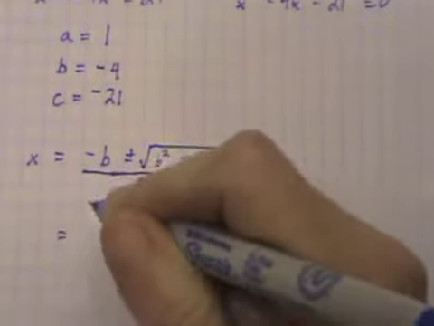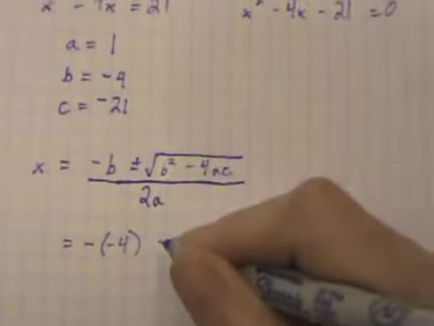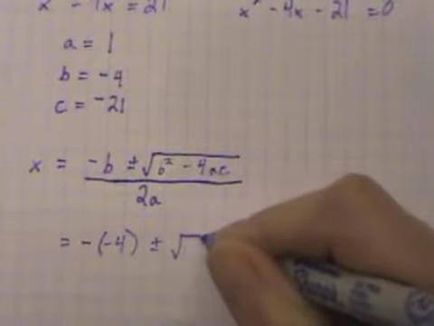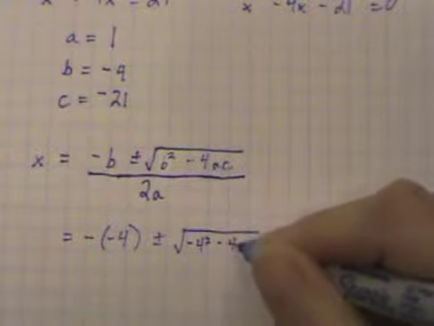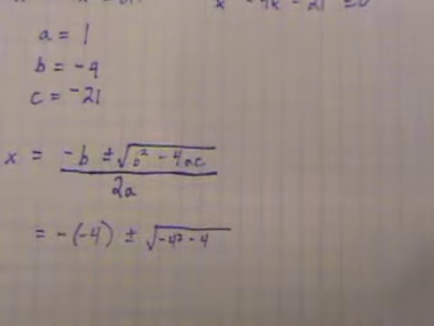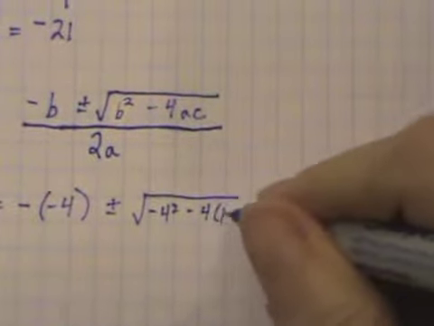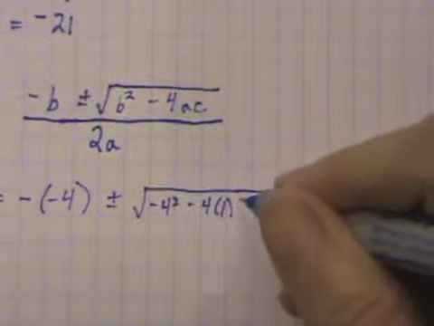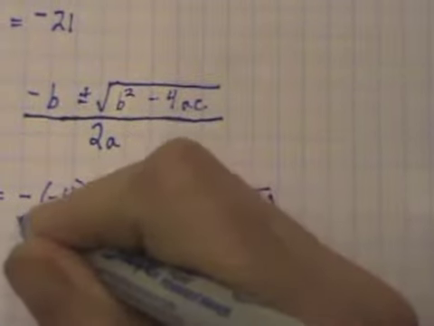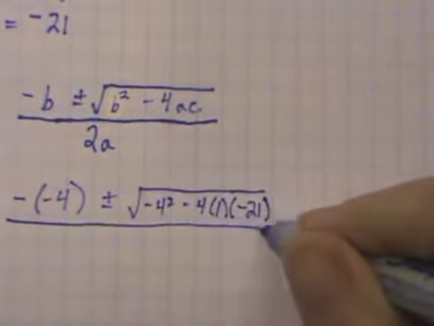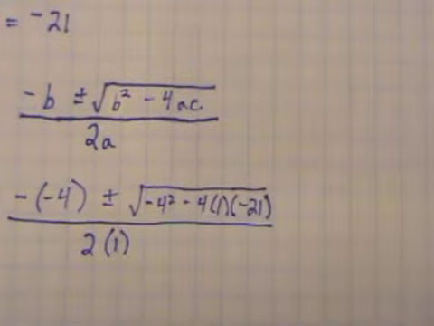This is going to equal the opposite of negative 4, because b is negative 4, plus or minus the square root of negative 4 squared minus 4 times 1 times negative 21, over 2 times 1.